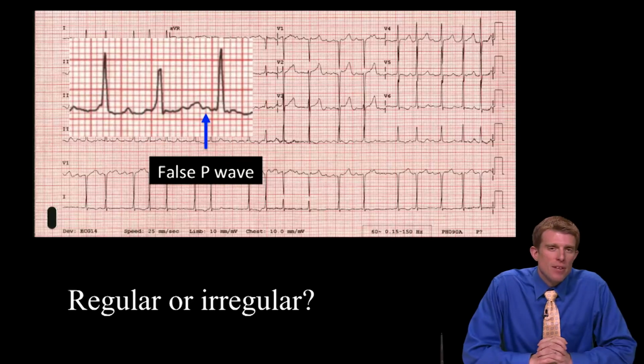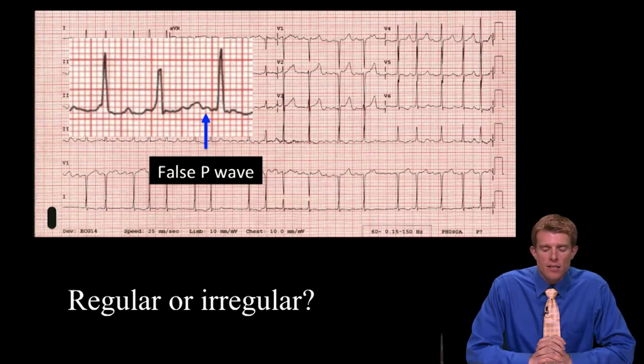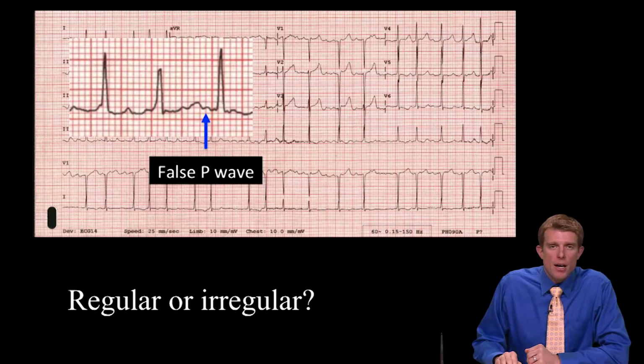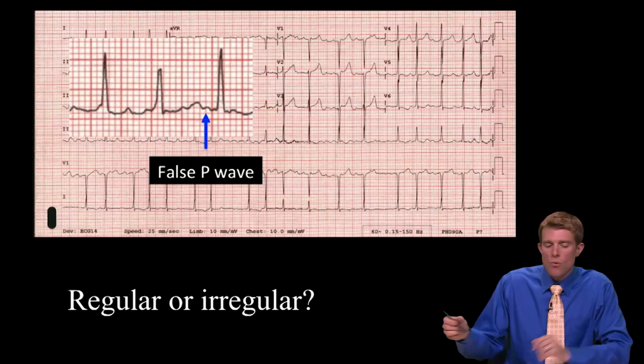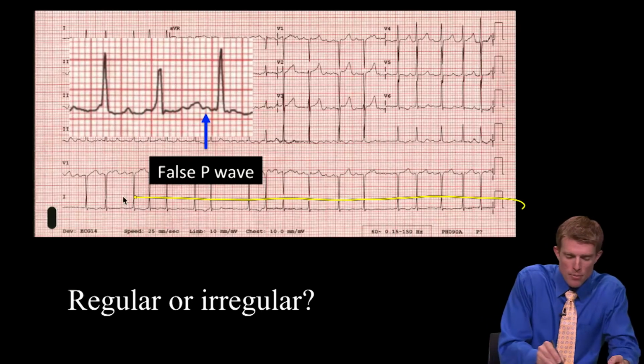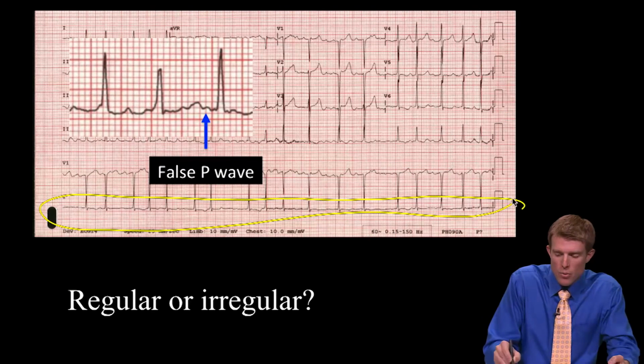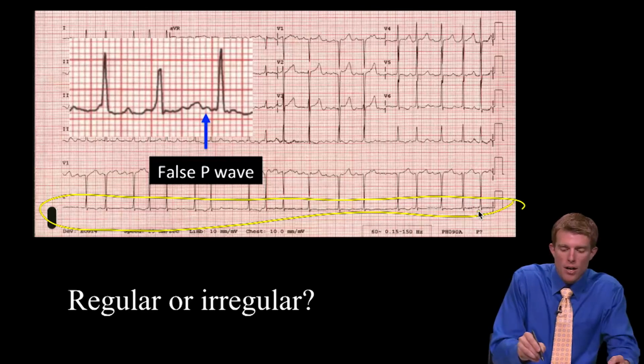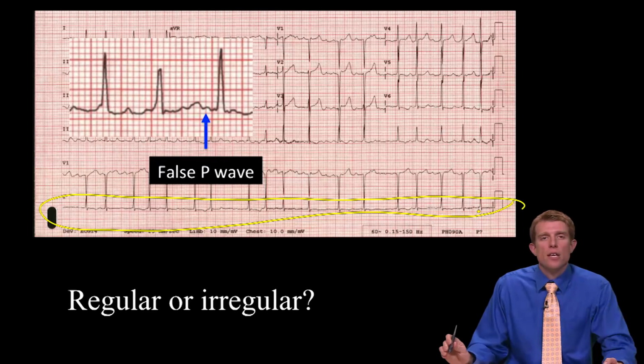Here we see something that looks like a P wave, but I would call that a false P wave, so you have to be careful. I like to look at the rhythm strip at the bottom, and there you can see that there are no significant P waves, no repetitive complex before each QRS.